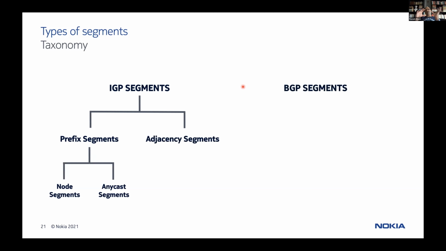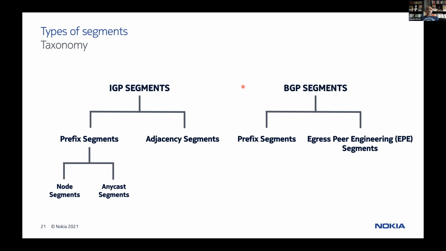We've also got segments for BGP, and with BGP, we've got things like prefix segments, once again, just like you have for the IGP, where there is a segment ID associated with a prefix that is advertised by BGP. And then you've got this concept of egress peer engineering segments.